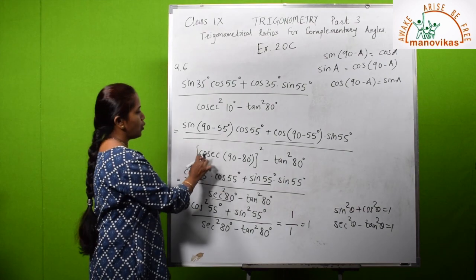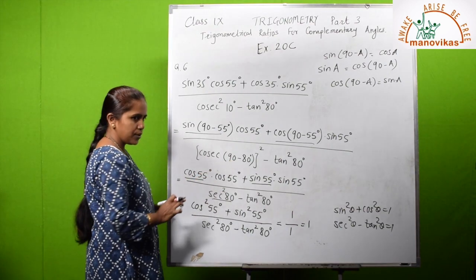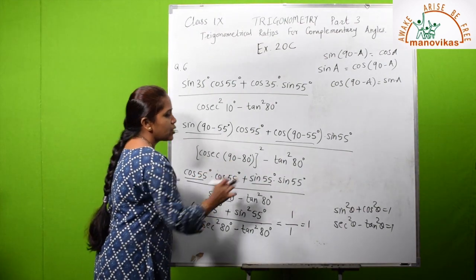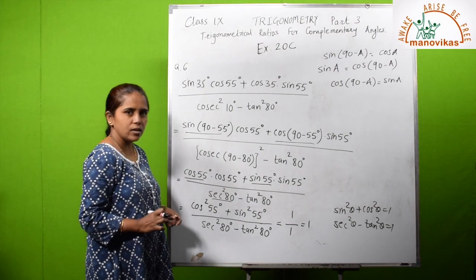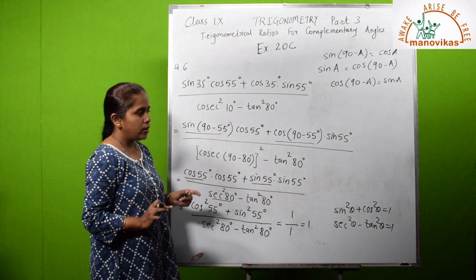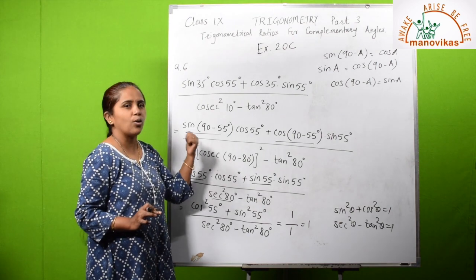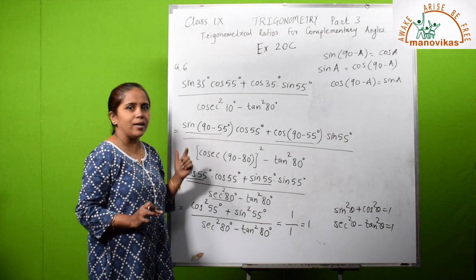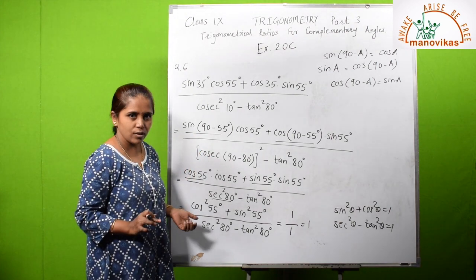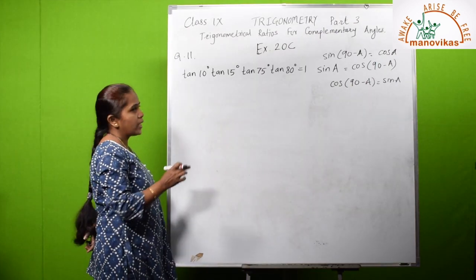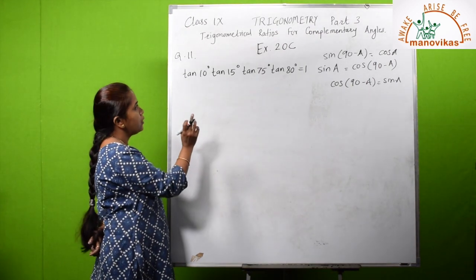And here cosec 90 minus A as sec A. And then we have used the square relation, you get the answer as 1. Understood? Here in this sum we have used the complementary angle formula as well as the square relations to simplify this sum.